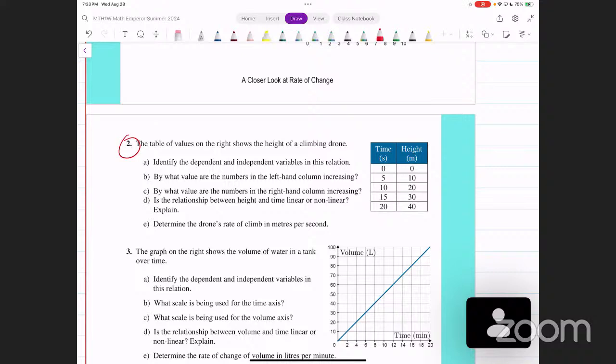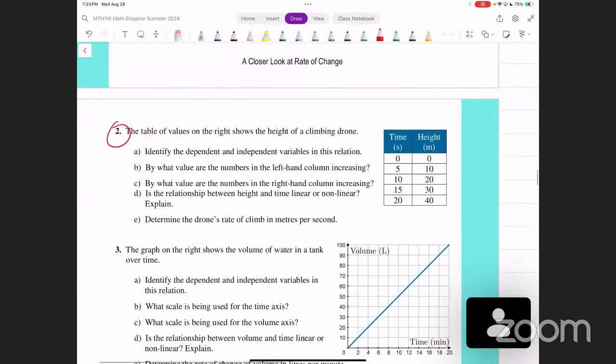All right, let's go back to my folks online. Tavan, what is the independent variable, sir? The independent variable is time. Time is the independent, yes, you're right. My question is dependent. Dependent is going to be the height.